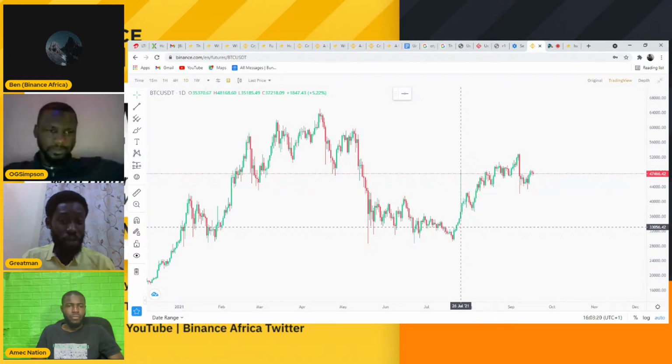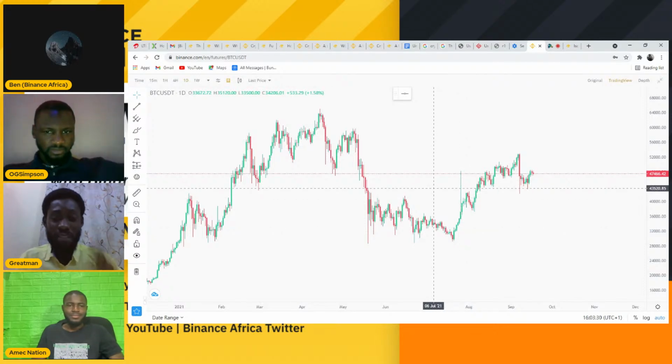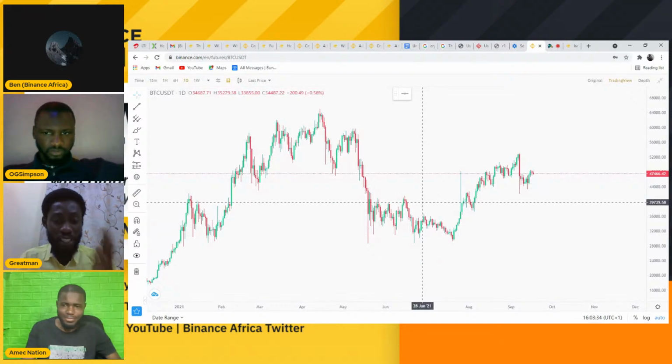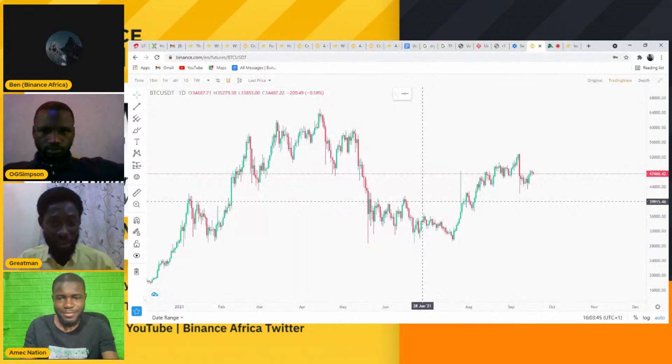That's where we come into break and retest, price action, Japanese candlestick patterns, Fibonacci retracement, and a whole lot of other techniques. So let me not go into that, but just have it at the back of your mind that you do not long the market on a resistance level and you do not short the market on a support level. You long the market on a support level and you short the market on a resistance level. Are you with me now?